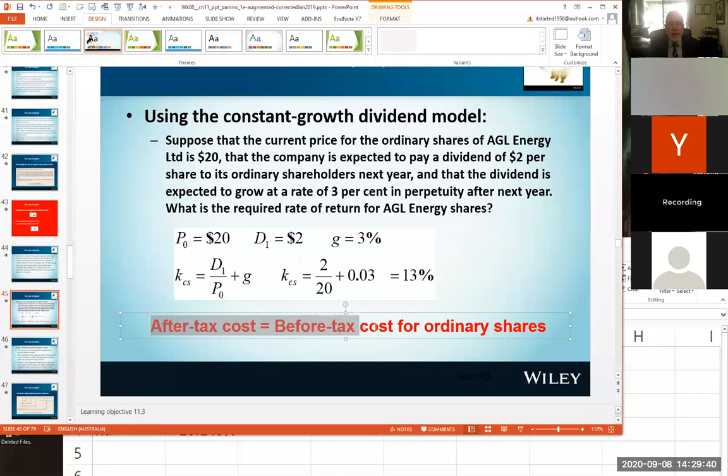Okay, the other important thing on this slide is that the after-tax cost of equity is equal to the before-tax cost of equity, and the reason is that you don't have the effect of tax deductibility complicating the issue. Right, so if that's costing us 13%, it's costing us 13%.